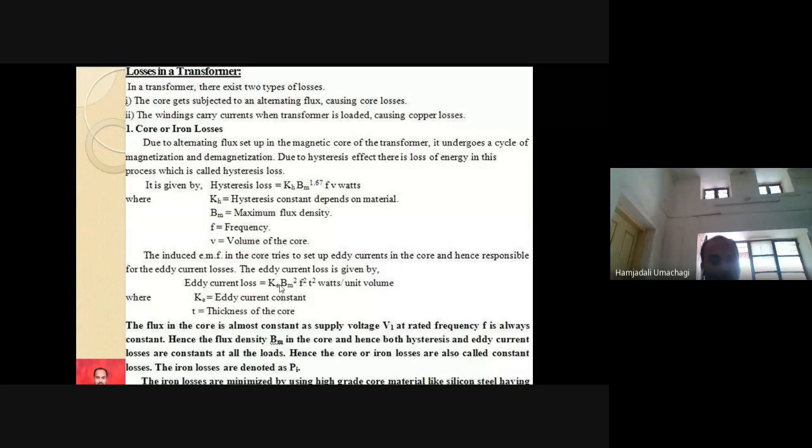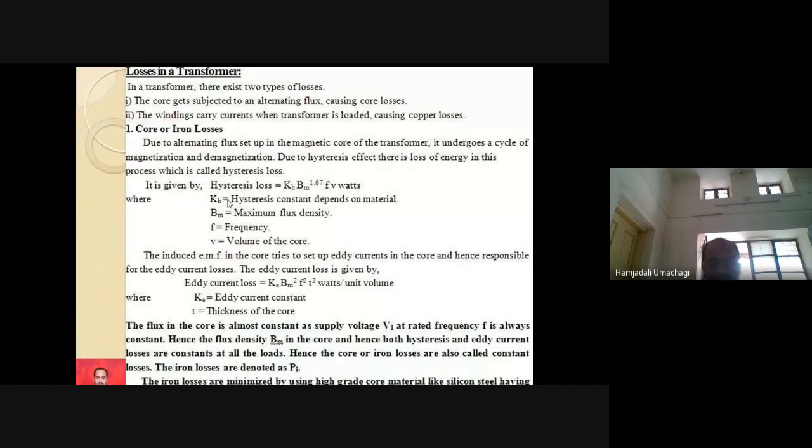Based on this, I can say that your iron loss, which is the sum of hysteresis loss and eddy current loss, is called constant loss because all the factors which characterize hysteresis loss or eddy current loss are constants. They are not going to change with respect to the loading condition. Because of that fact, we say that iron losses are constant loss.